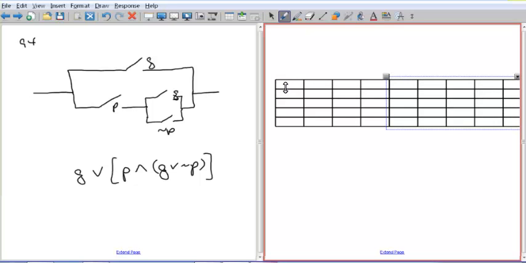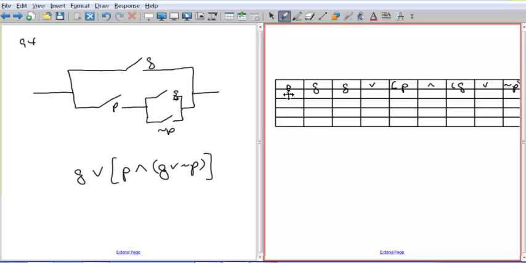Okay, so to evaluate this, we have P, Q, first column. Then we have Q, or P, and Q, or not P.